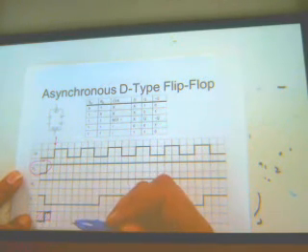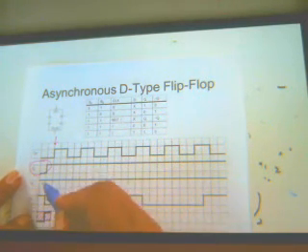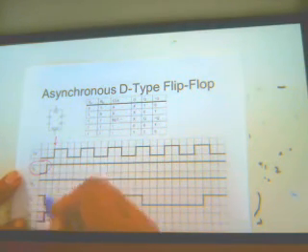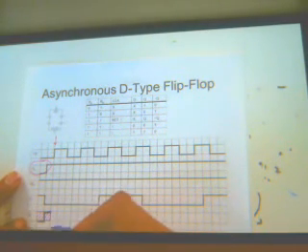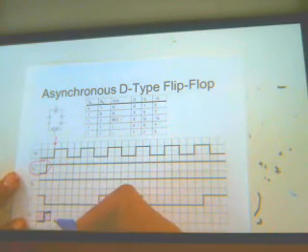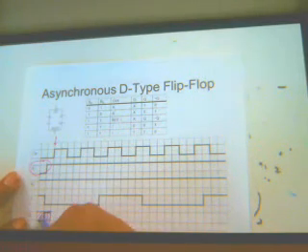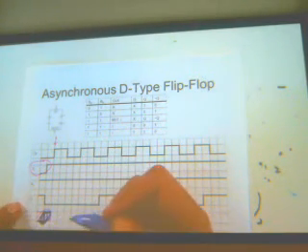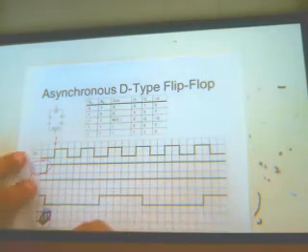Okay, is that right? When reset is 1, it should go to 0. Right, yeah. Yes, sorry.